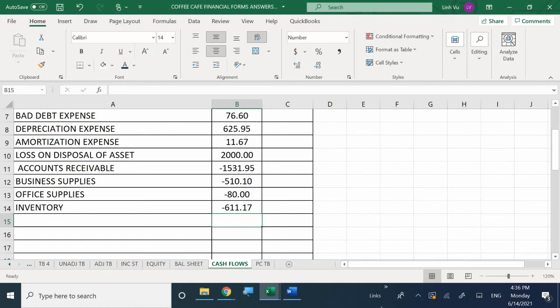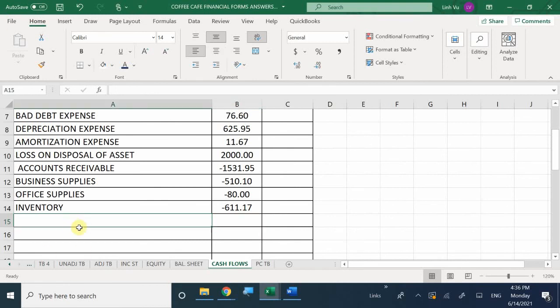So therefore, we still have that money. In this case, all current assets and other assets are going to be subtracted because it's money that you've already spent and it's cash that you don't have anymore. So that's the idea here.